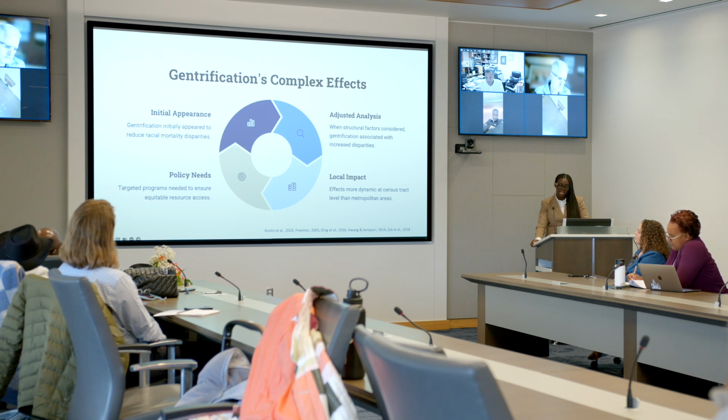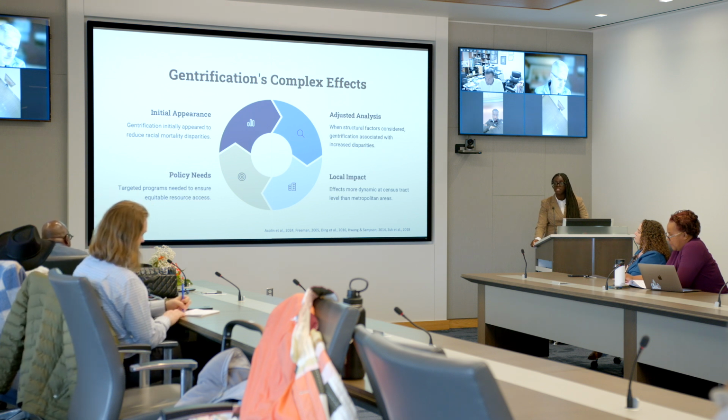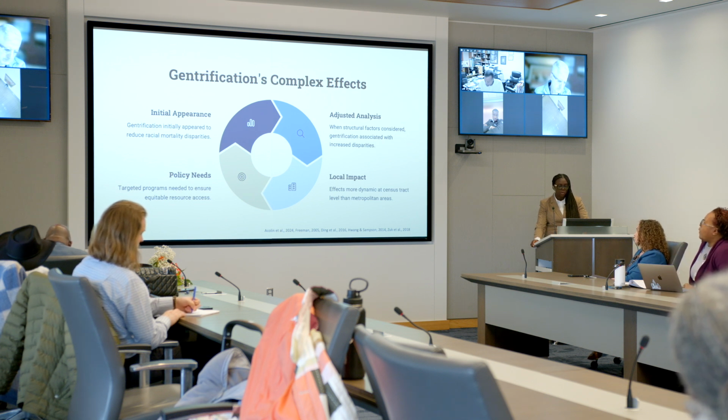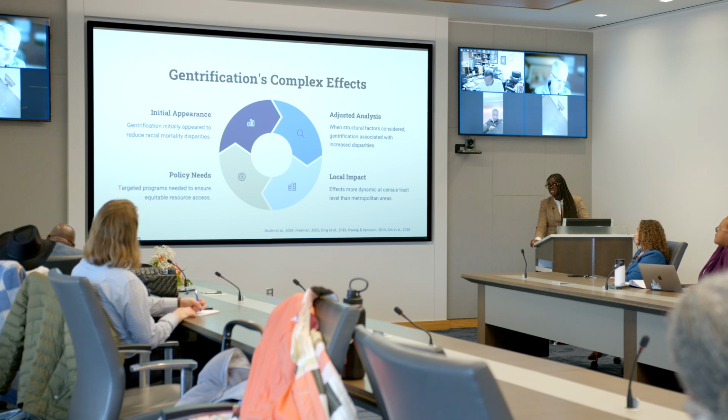The local impact of gentrification was more significant at the census tract level than at the MSA level, reinforcing the need to understand the local variations in the gentrification process and its effects on racial mortality disparities and health outcomes as a whole. Displacement was often the key driver of these adverse effects, and policies had to focus on preventing displacement while ensuring that marginalized communities benefit from neighborhood improvements, which is something that society needs to look at more closely.